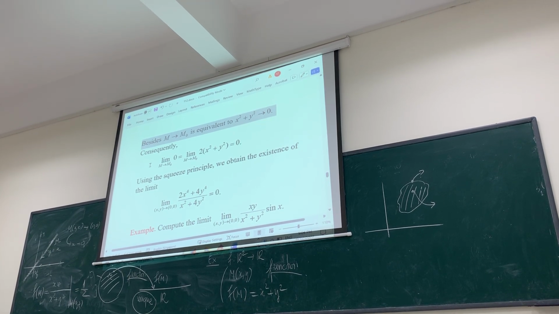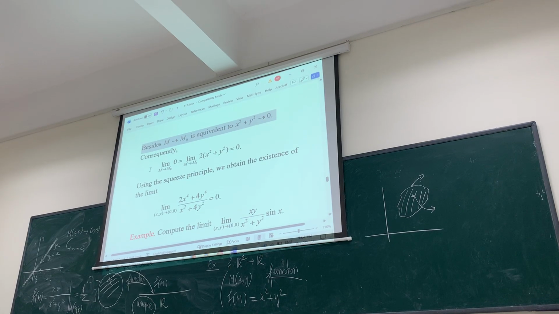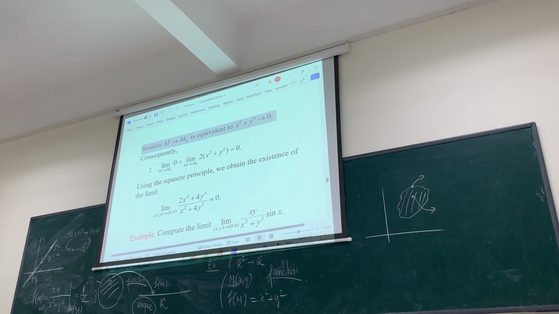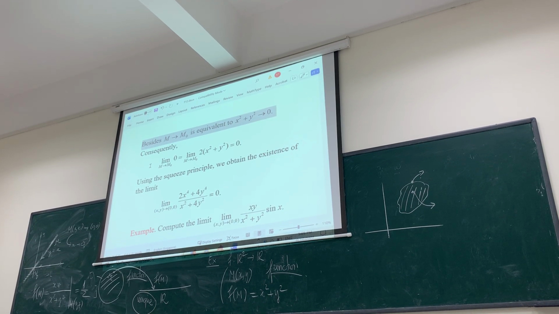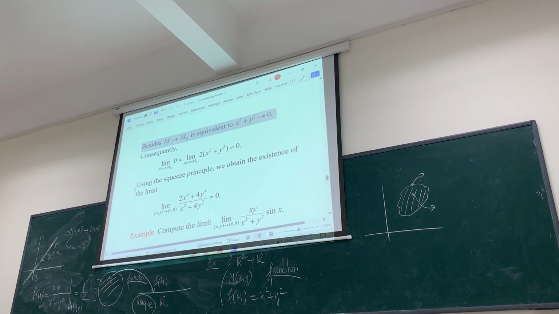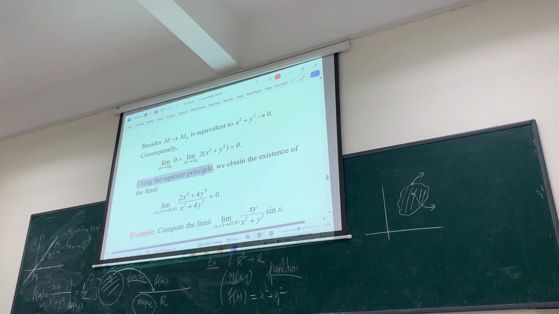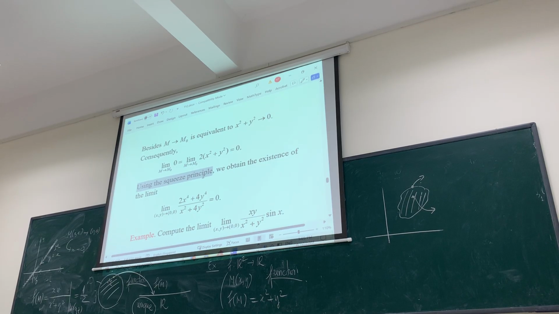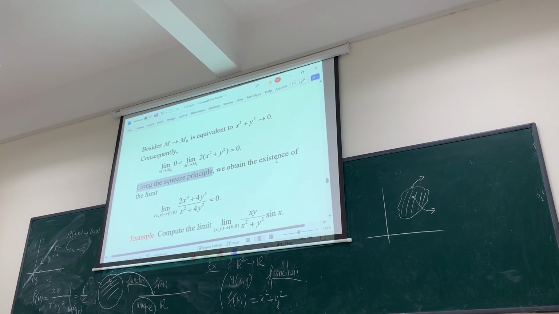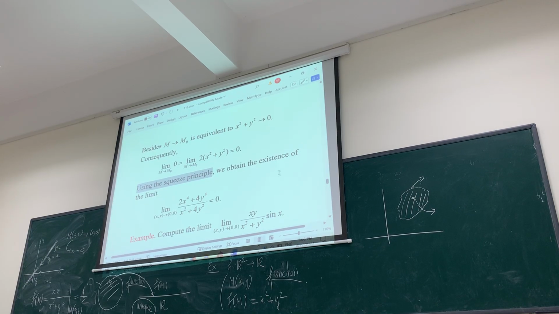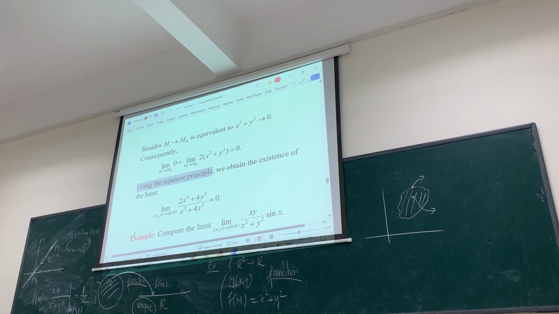Now you can see the two functions, 0 and 2(x squared plus y squared), have limit 0. Using the squeeze principle, we obtain that the limit considered has the same limit 0.